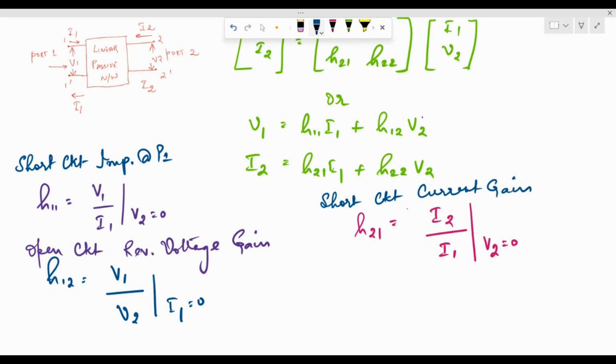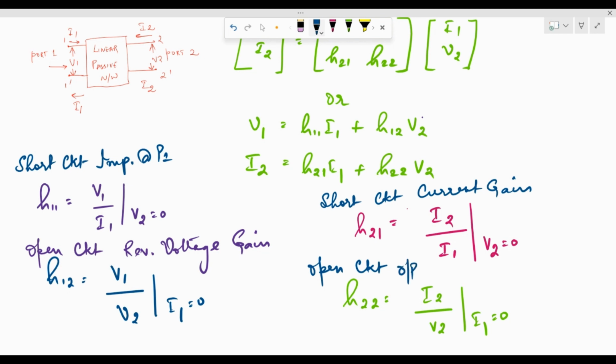The last parameter is H22. So when I have H22, this can be obtained by considering I1 is 0, which means open circuiting the first port. And what I get here is H22 is equal to I2 by V2, provided I1 is equal to 0, and therefore I can call this parameter the open circuit, and this is nothing but an admittance parameter, and this is at the output terminal, considering port 2 to be my output.